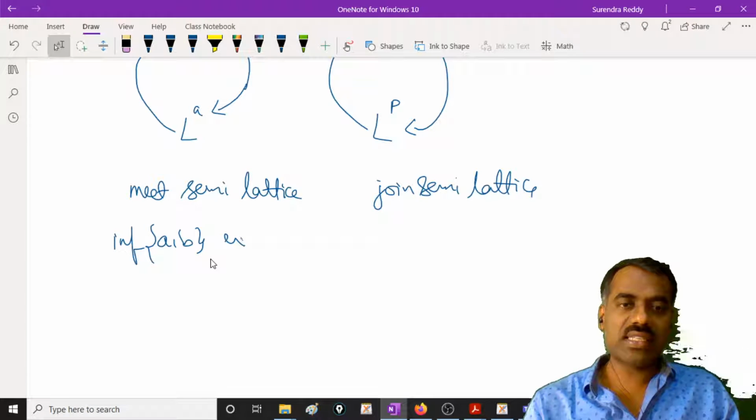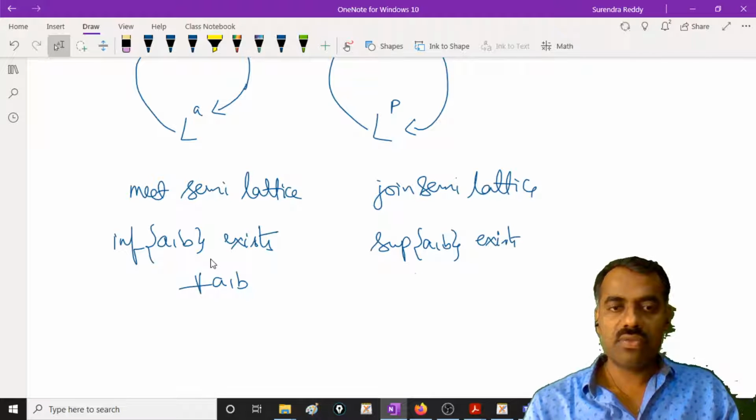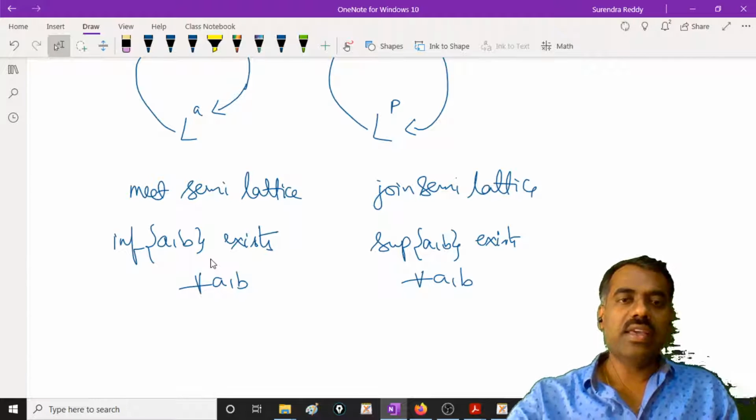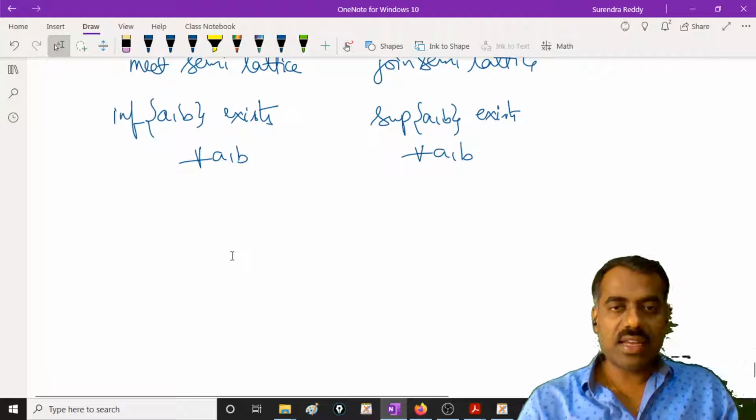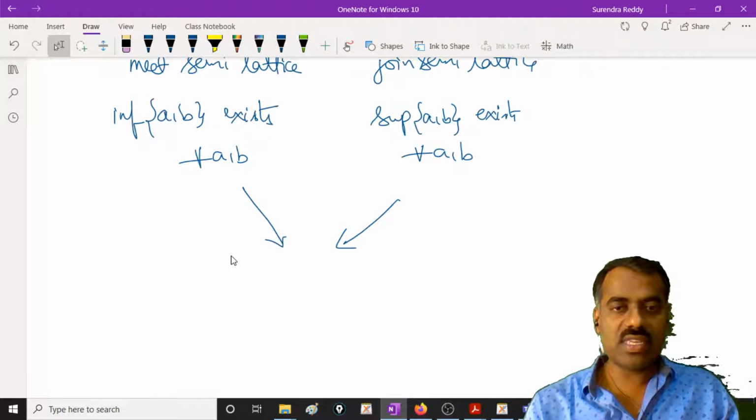This should exist for all a, b, and similarly the supremum of a, b should exist for all a, b. If this holds, then we know it is a semi-lattice. And if you combine these two, what you get here is a lattice.